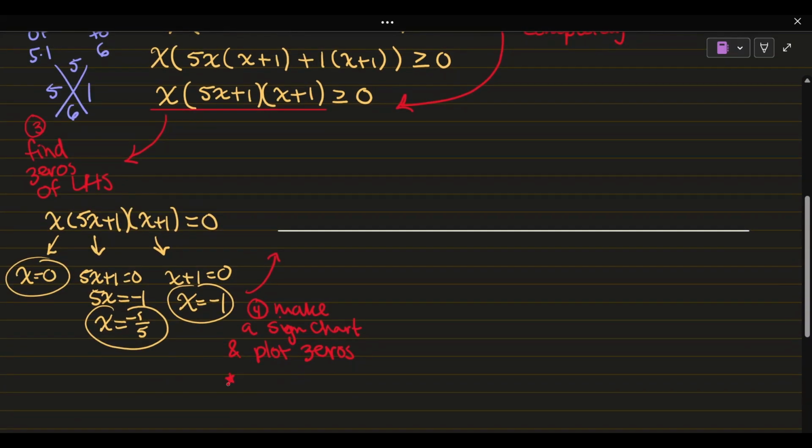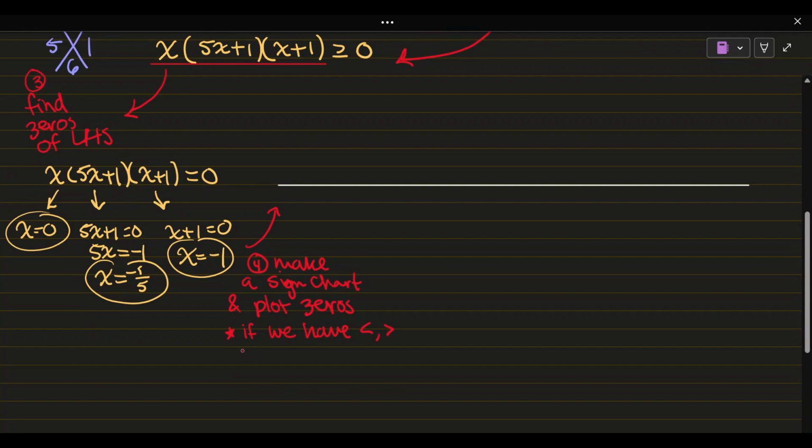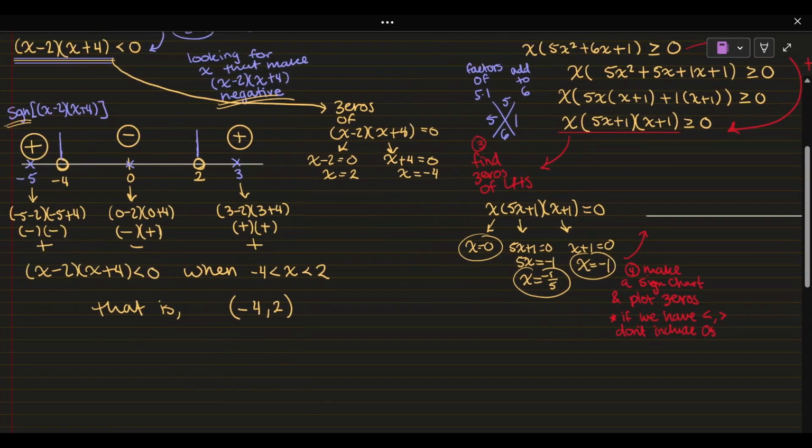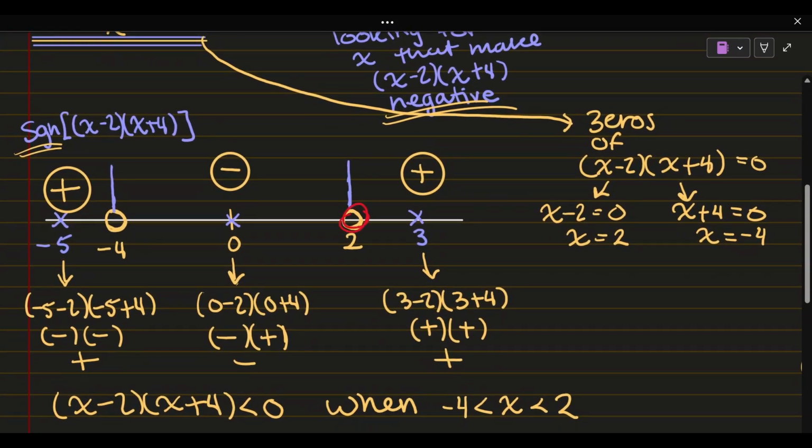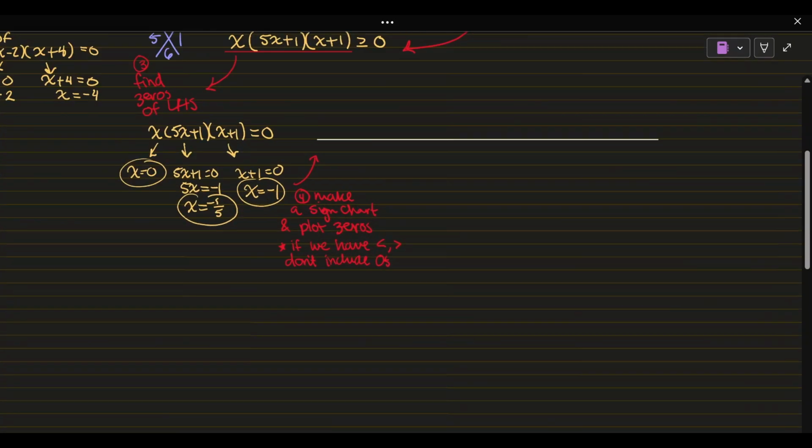Now we're going to note, if we're looking at strictly less than or strictly greater than, we don't include zeros. We would write them as an open dot, right, an open point. So like notice here, we wrote these as an open point because we just had strictly less than. We wrote our zeros as open points, and we didn't include them in our interval.